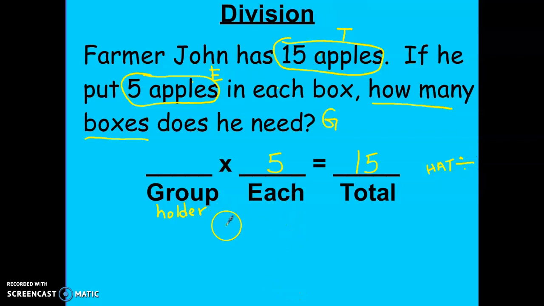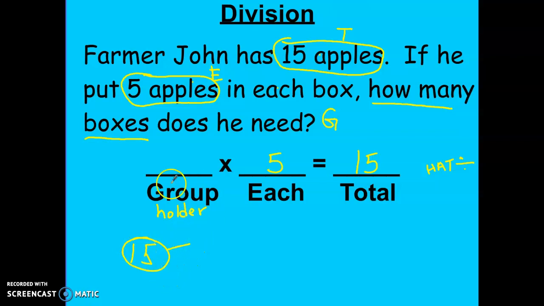Now for division strategy, we will go over a few different ones, but they pretty much mean the same thing. In this case, one of them is called the spaceship strategy. Students seem to remember that more because it's kind of fun. So we put 15 in the middle of the spaceship.